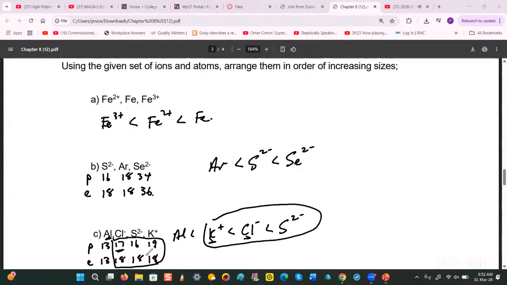Actually, aluminum should be here, my bad, because the atomic size decreases as you go from left to right. I didn't read the periodic table correctly. I mistakenly put the aluminum in the higher period. They're in the same period as sulfur and chlorine. But it's above K.